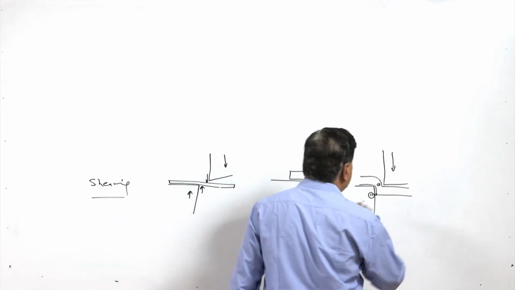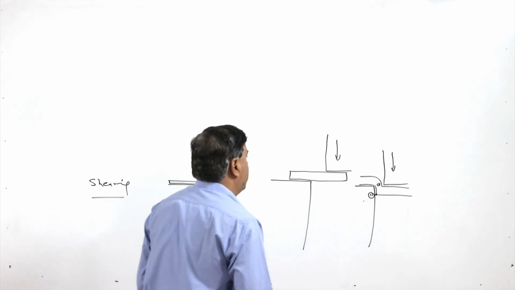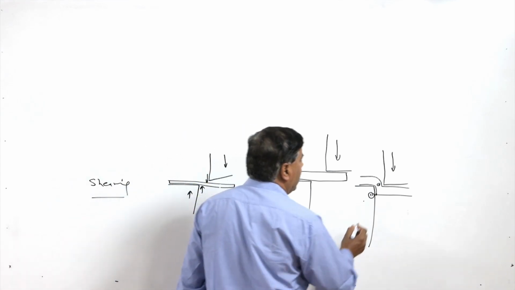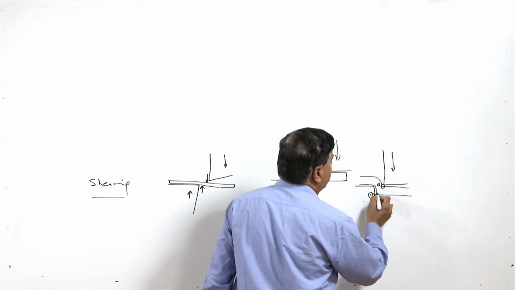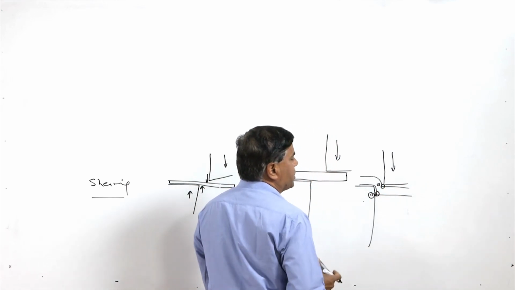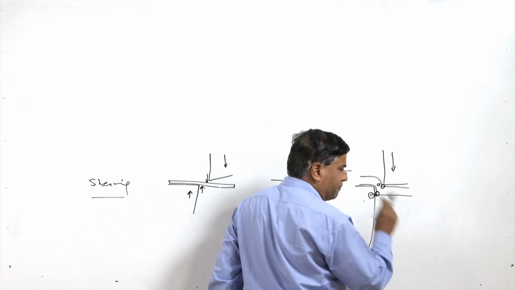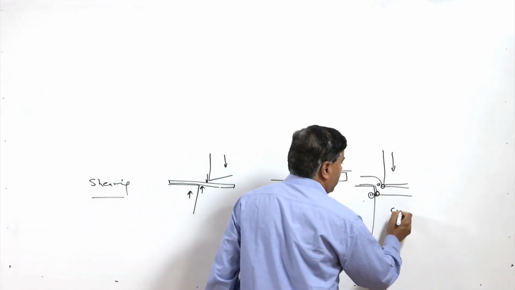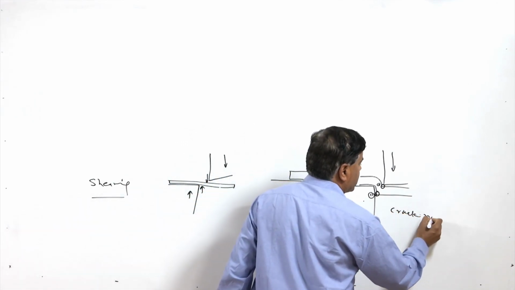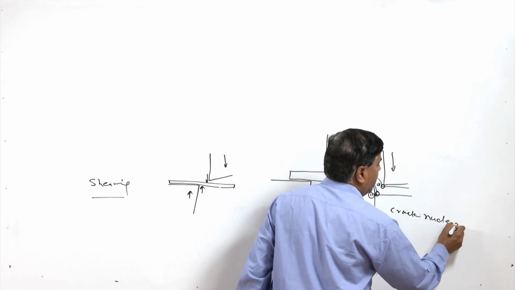In this case the material is elongated on both sides, and at these corners the deformation of the material at the micro level happens to such an extent that cracks start to nucleate. Cracks nucleate and then they grow.